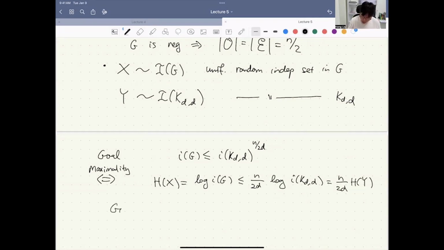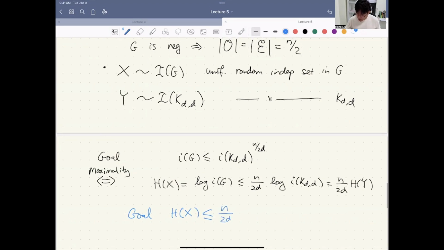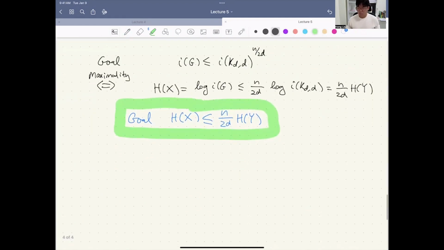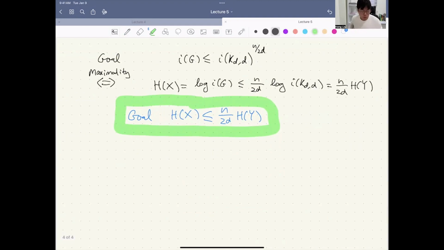So our new goal is to prove entropy of X is at most n over 2d times entropy of Y. Okay? This is what we're going to do now.